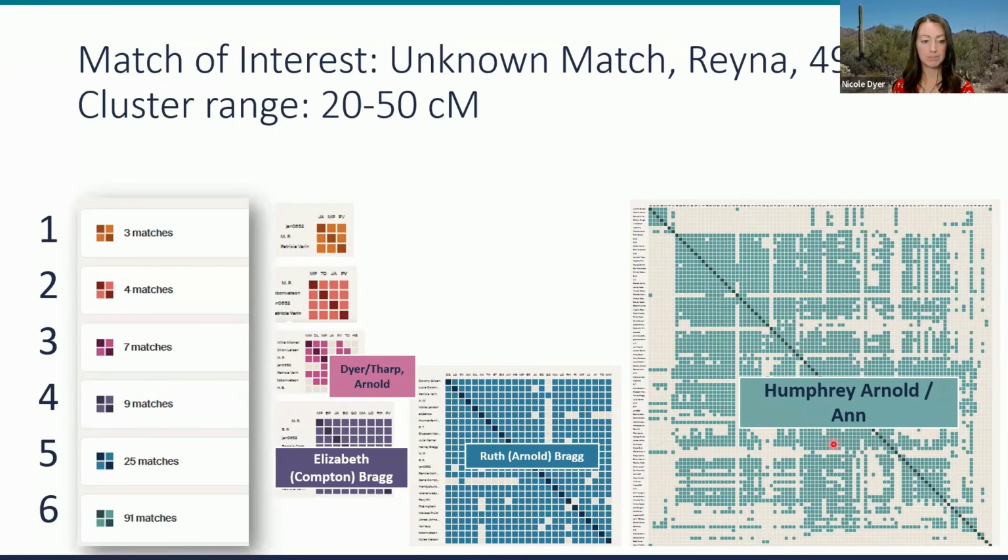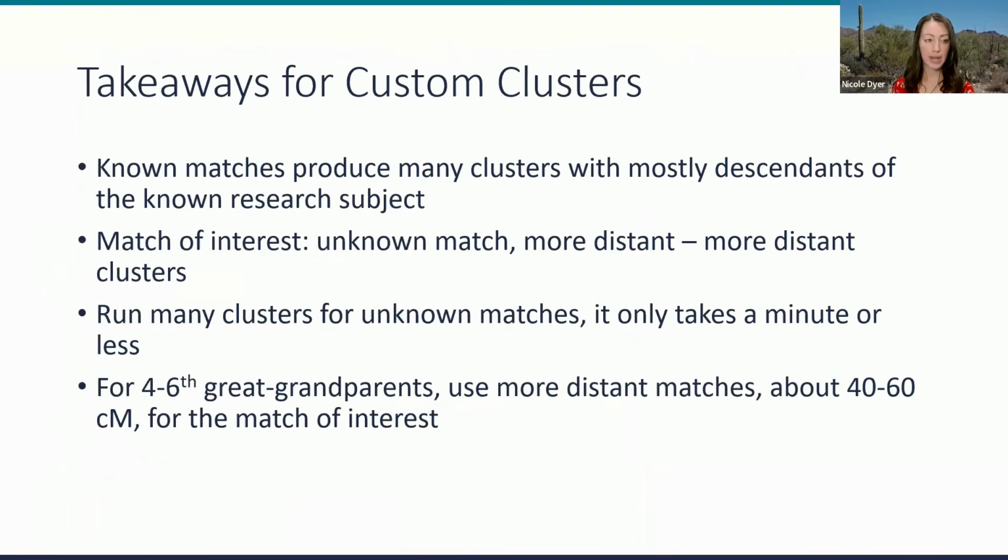So the takeaways from this little experiment with the custom clusters is that when I ran a custom cluster analysis using a known match who descended from Bathsheba Tharp, the clusters ended up mostly being descendants of the known research subject or different lines, kind of all mixed in.